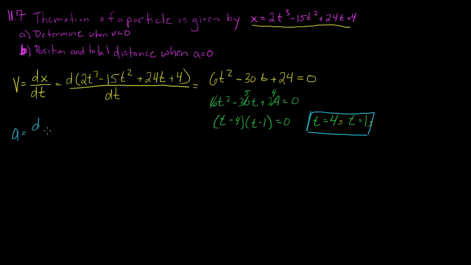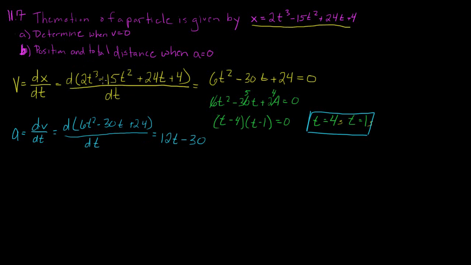Acceleration is dv/dt, and this is our equation for v, so the derivative of 6t squared minus 30t plus 24 with respect to t. When we take this derivative, we get 12t minus 30.